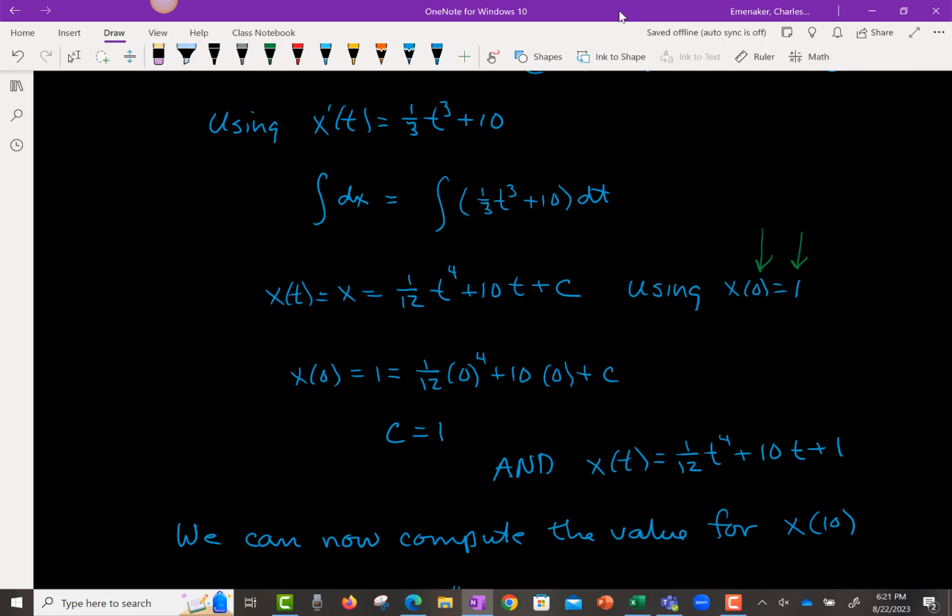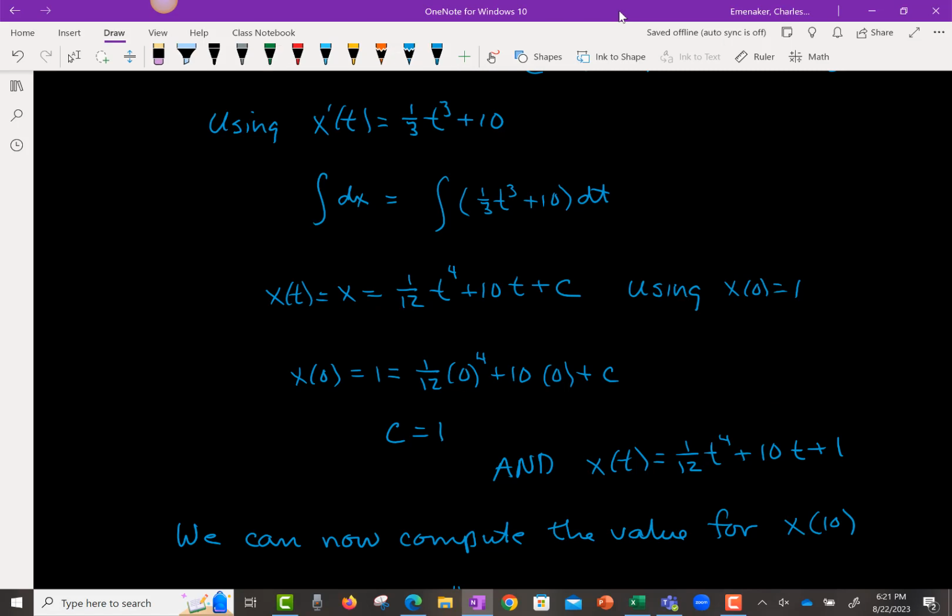When I do that, that allows me to solve for c very readily because this is just 0, this is 0, which gives me that c is 1. I can then rewrite my position equation as x of t is going to be 1/12 t to the fourth plus 10t plus my c value of 1, and there it is.